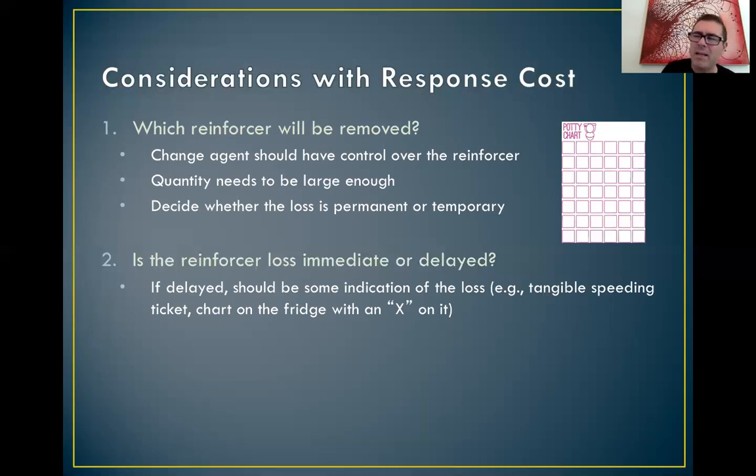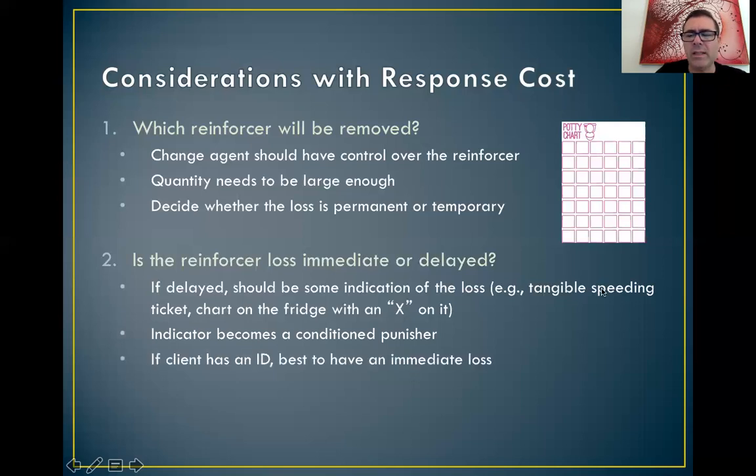If the person doesn't have sophisticated language abilities, then response cost or any other behavior procedure would still work. It just has to be immediate. It has to follow behavior right away, right? But if you want to use any delayed consequences, then the person needs to understand what this consequence is being delivered for, or removed for in this case.